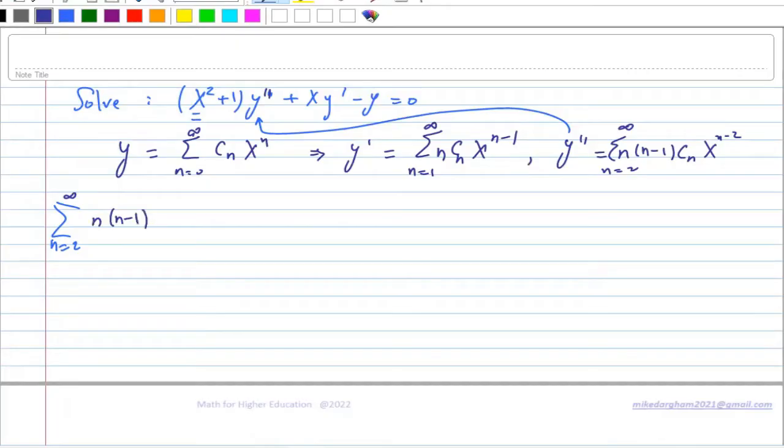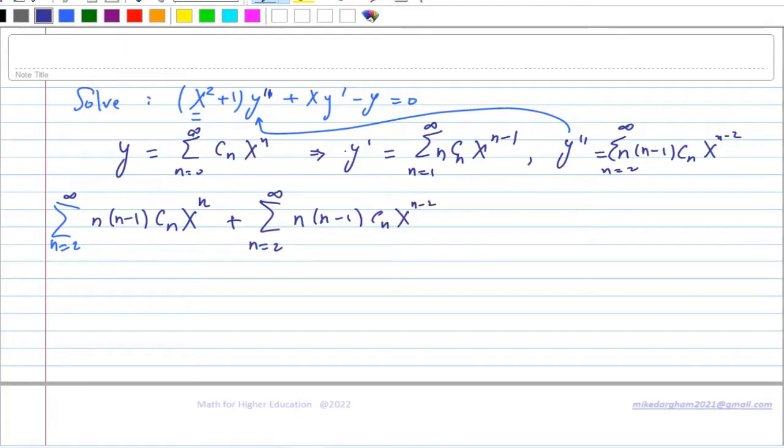Now, when you multiply by 1, the sigma appears again as it is: n times n minus 1 c_n x to the power n minus 2.